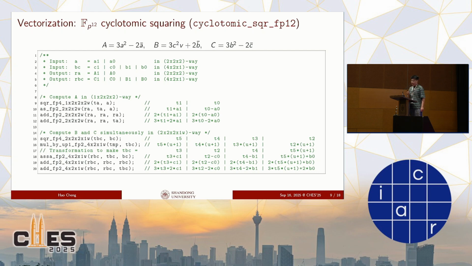Then we developed a hybrid vectorization for this Fp12 cyclotomic squaring, which means we compute the coefficient A in one-way, while the other two coefficients B and C are parallelized in two-way.